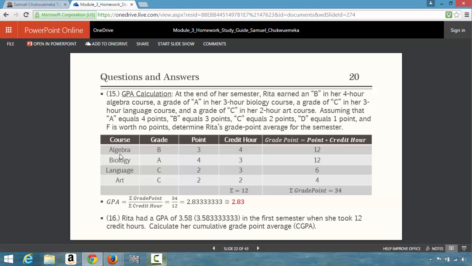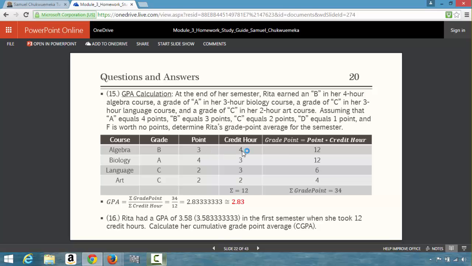So you have the grades, you have the courses. I put it in a table to make it easier. You have the courses, the grades, the points, and how many credit hours. Is it a 4 credit hour, 3 credit hour course? So you find the grade point. The grade point is the point times the credit hour. She made a B in algebra, and that B is equivalent to 3 points.